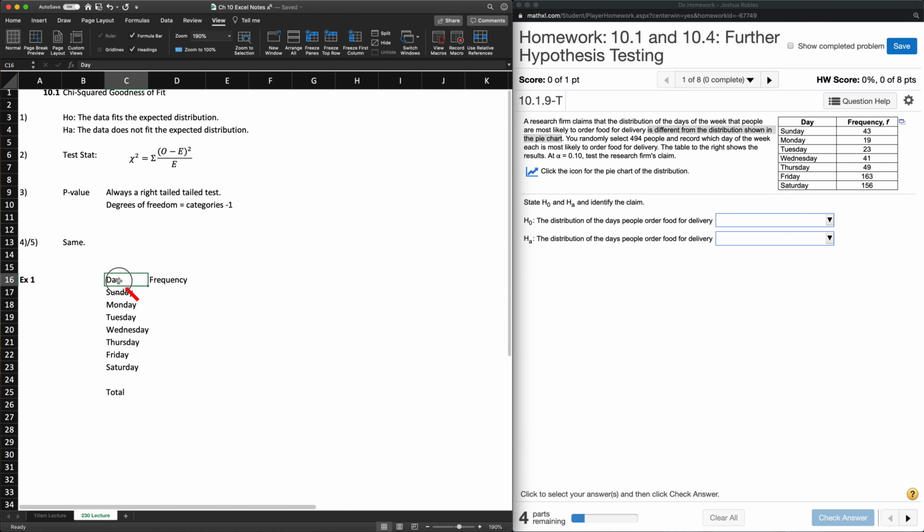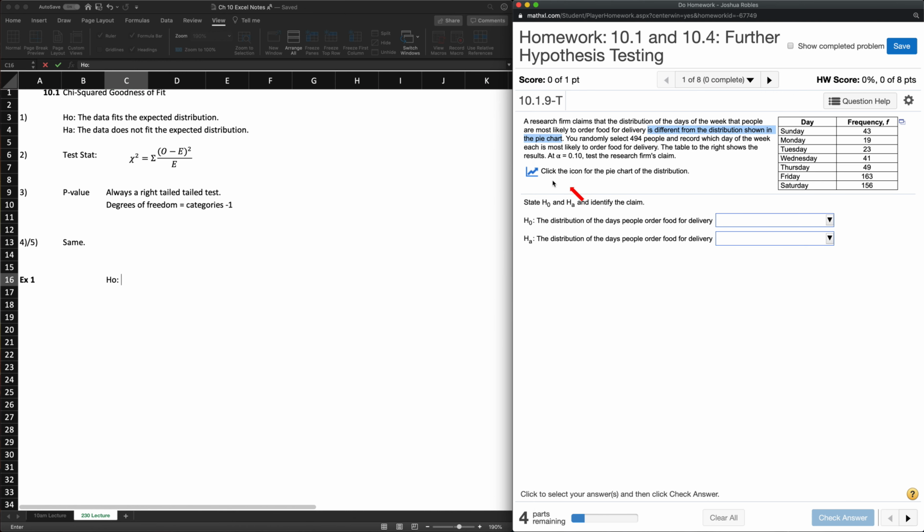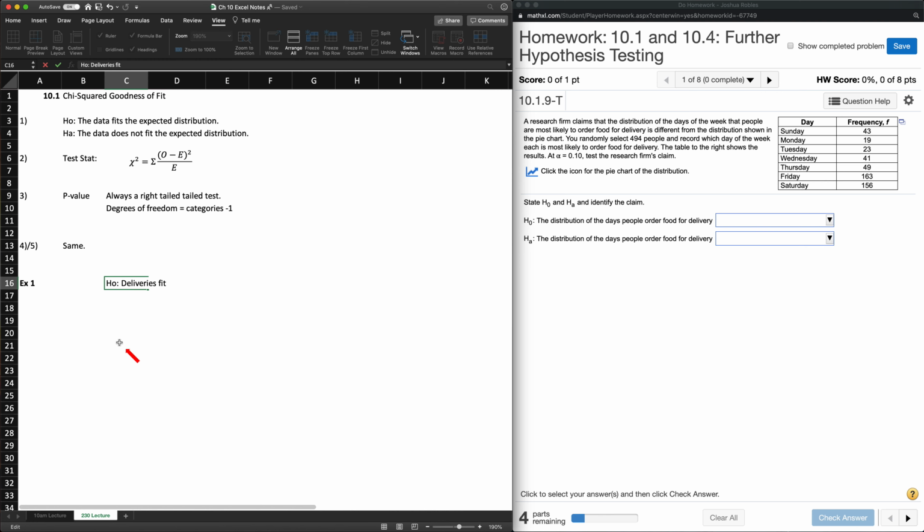Okay, so our null hypothesis is going to be that the data fits the expected distribution. The expected distribution is this pie chart here. So it's going to be that the deliveries fit the pie chart data.